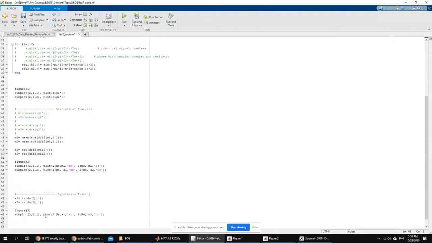I don't actually need a subplot, just one plot. So here x1 and x2. Here I have to use NP, not NS, because the number of samples is NP. Let's see how these look.